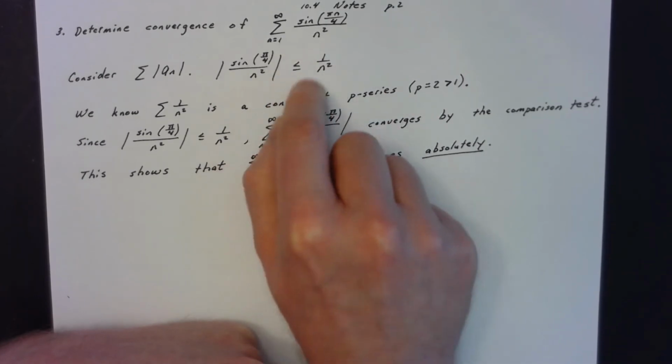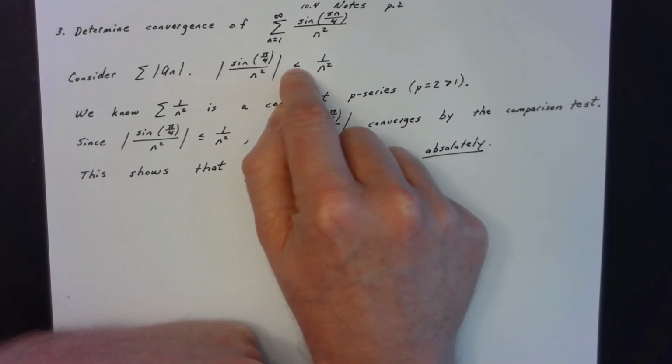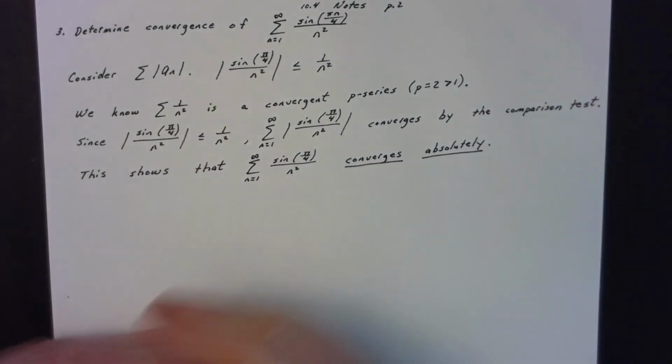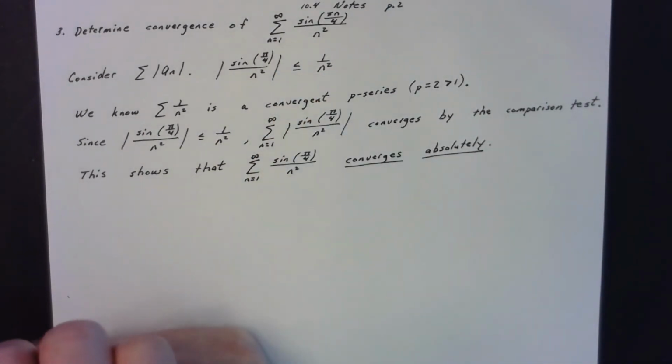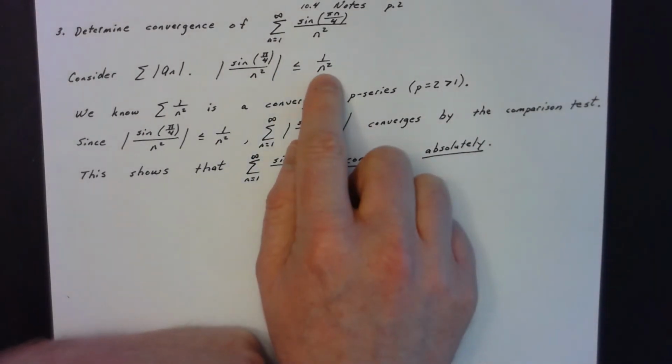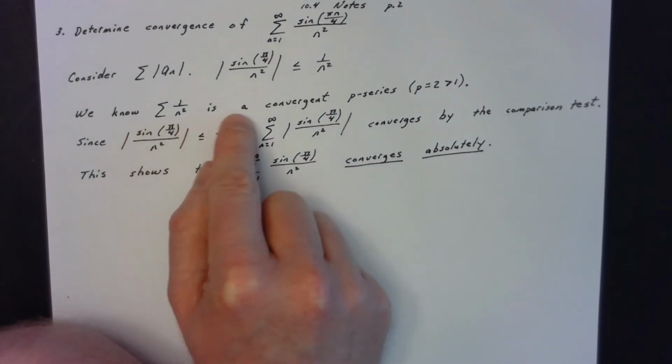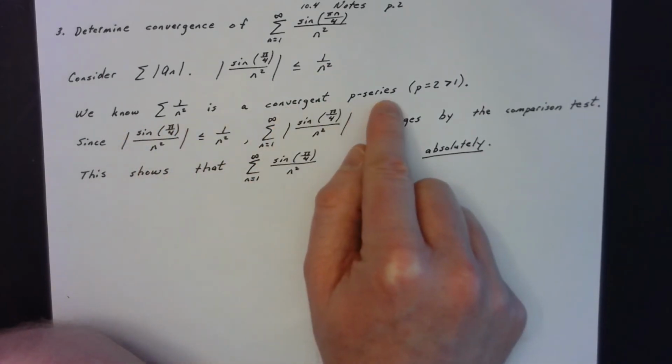This is a true statement. It would also be true to say it's strictly less than 1 over n squared. Either way is fine. Now, what do you already know about 1 over n squared? We know that the series 1 over n squared is a convergent p-series.